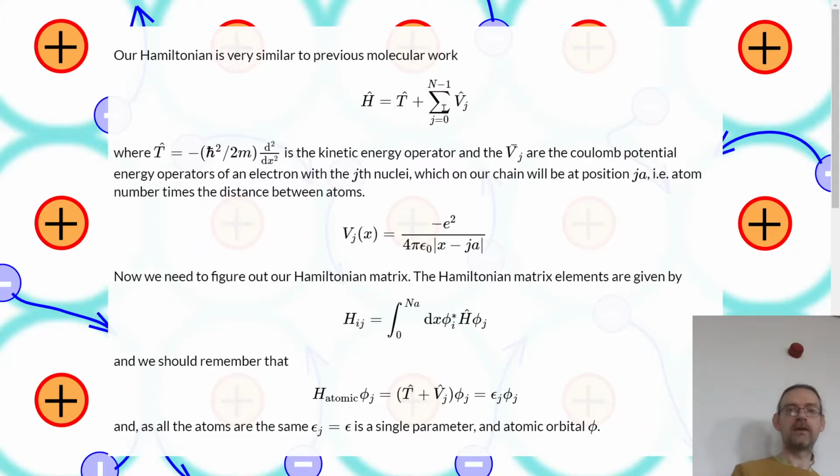So I've got an electron with charge e, and the nuclei are going to have some charge. We're going to do sort of hydrogen, so we're going to assume they've just got a positive charge on them for now, multiplied by the atomic charge, the nuclear charge. So my Hamiltonian is the kinetic energy plus the potential energy, the Coulomb interaction of the electron with each of the positively charged nuclei.